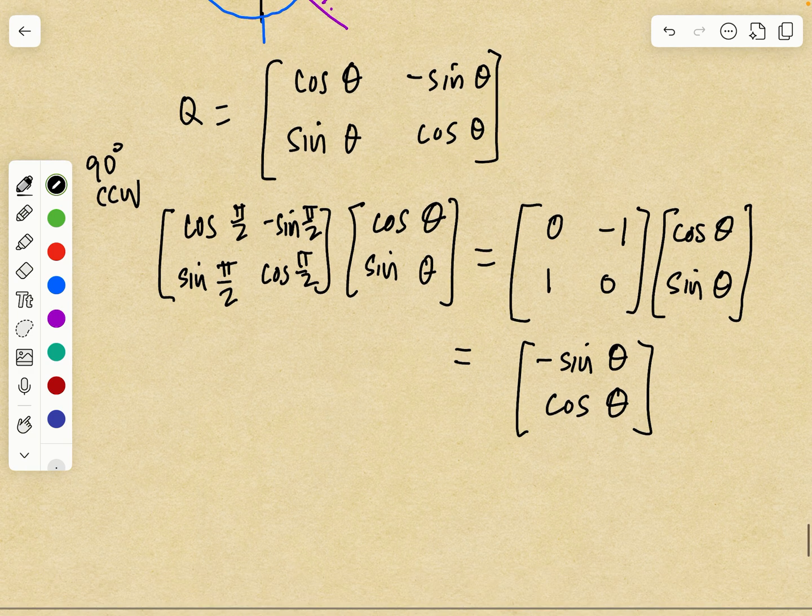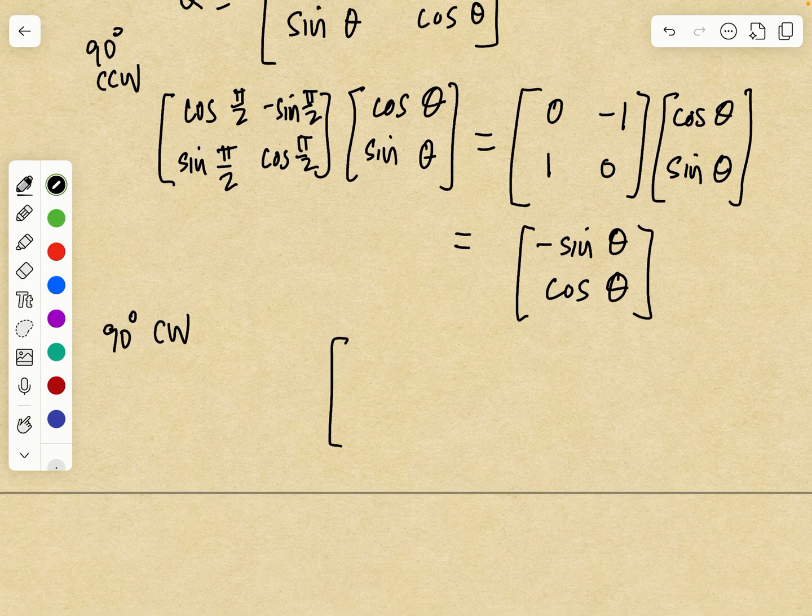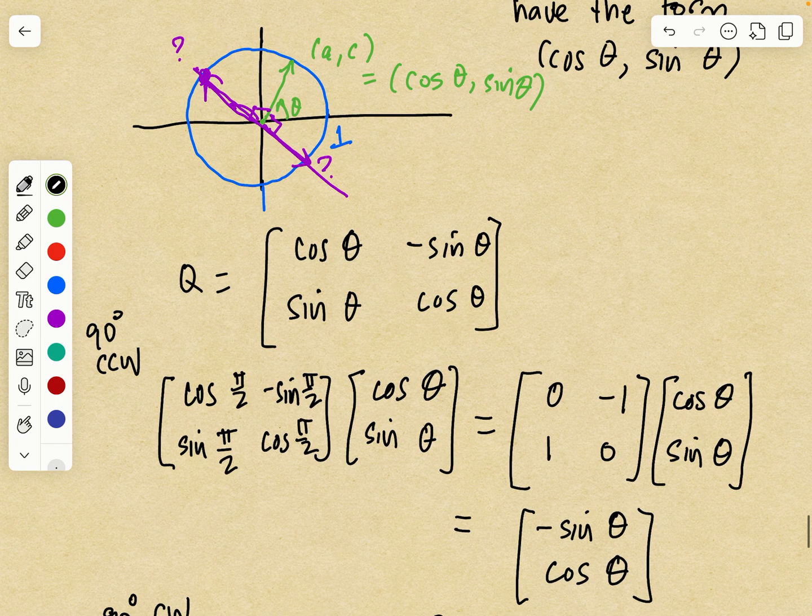The second possibility is I apply a 90 degrees clockwise rotation of my vector cosine theta, sine theta. And that will give me the second point here. So this first point we found is equal to negative sine theta, cosine theta. What about this remaining point?